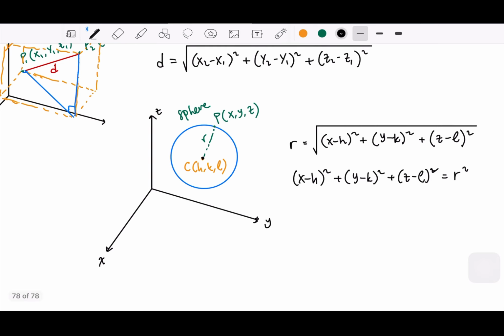Or if the center is the origin, then the formula becomes just x squared plus y squared plus z squared equal r squared.